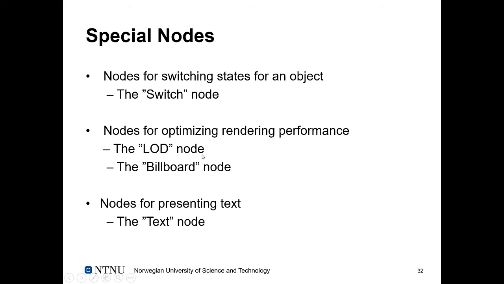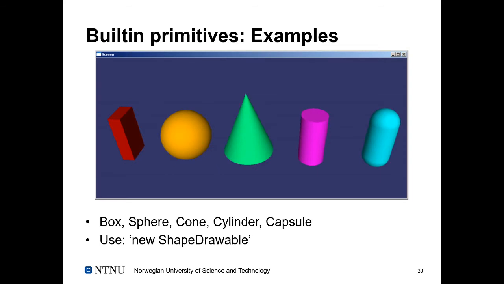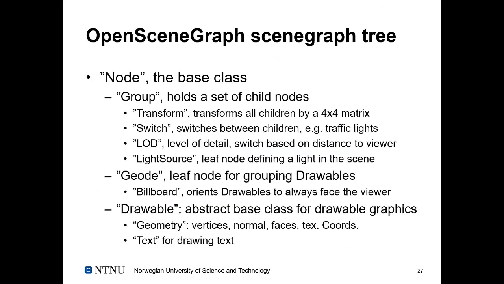One is this LOD node, which is basically about providing different resolutions at different distances. And then you have this billboard node, which I'm not sure I mentioned. Yes, I think I did. It was this thing that oriented drawables to always face the viewer.